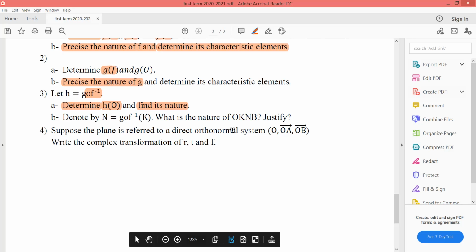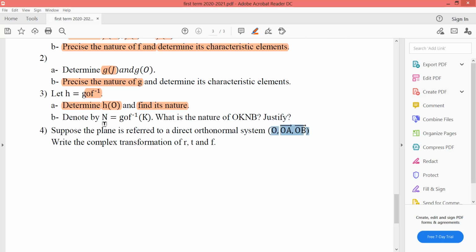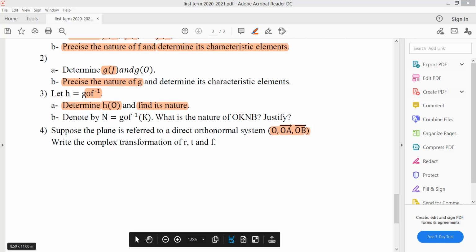The last part: suppose that the plane is referred to a direct orthonormal system OAB. Write the complex transformations of R, T, and F. As I have mentioned at the beginning of this video, O is (0, 0).